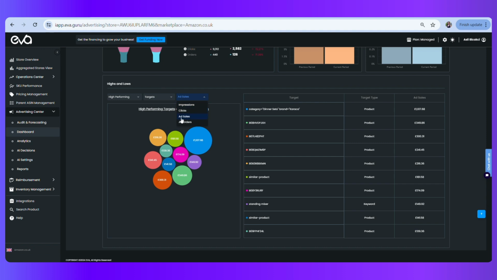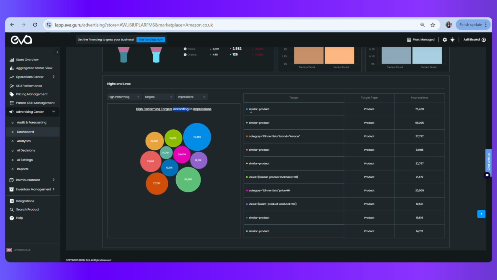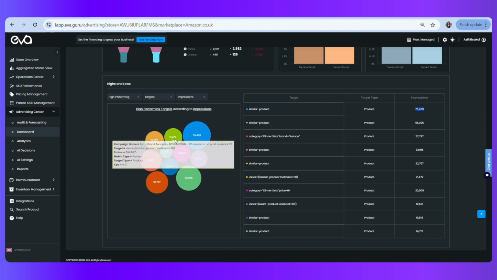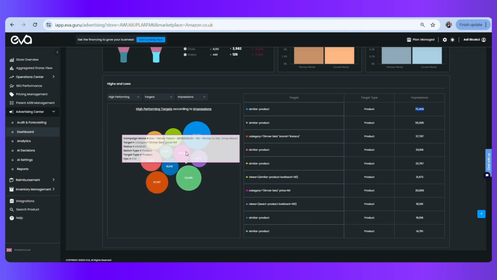For example, in the impression, let's say the high-performing target is similar products. These have 75,000 impressions. You can also track the campaign names of this target, the match type, target type, and the CPC of this target as well as the other metrics.